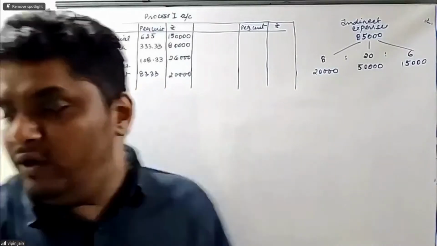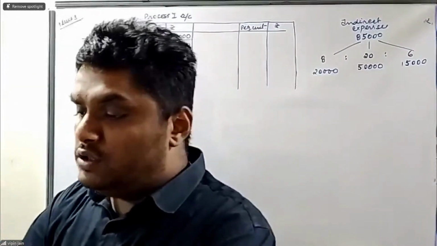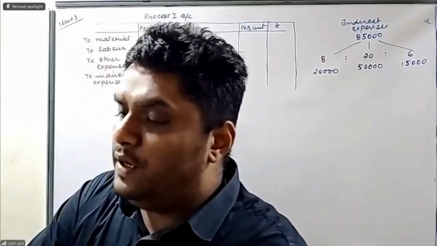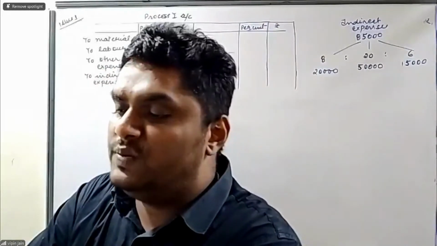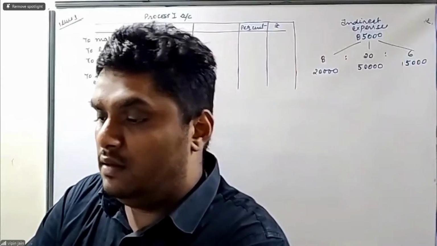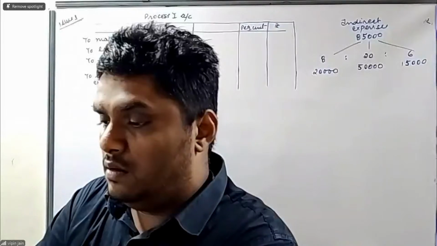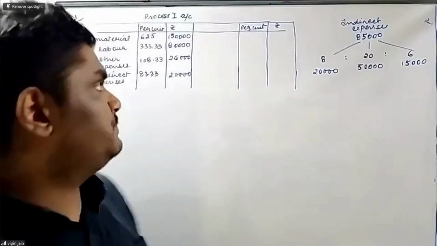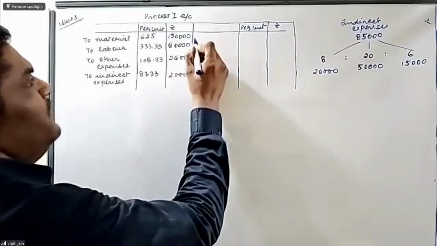So here in this question, no information is given as regards normal loss or abnormal loss. This is optional, Pranav, but yes, since the question is asking us to calculate the per unit cost of each process, that's why I'm writing this separately. So now the output of process first is transferred to the next process.